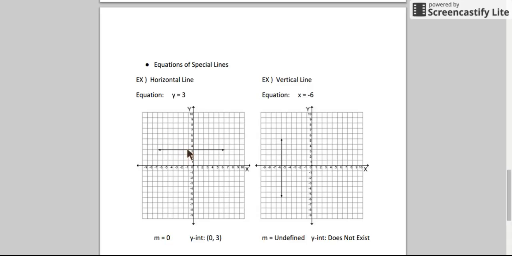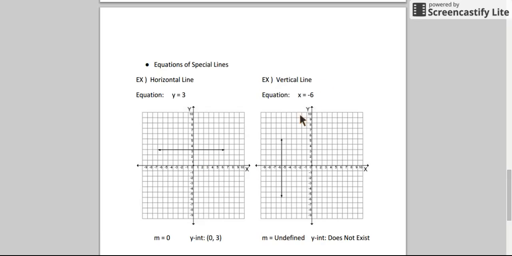So it doesn't incline, it doesn't decline, it has a 0 slope. The y-intercept is always going to be where it crosses the y-axis. So a horizontal line is always going to do that. So its equation is going to be y equals the y-intercept. Because that slope is 0, it's canceling that mx term, and we're just left with y equals b, which is y equals 3 in this equation.